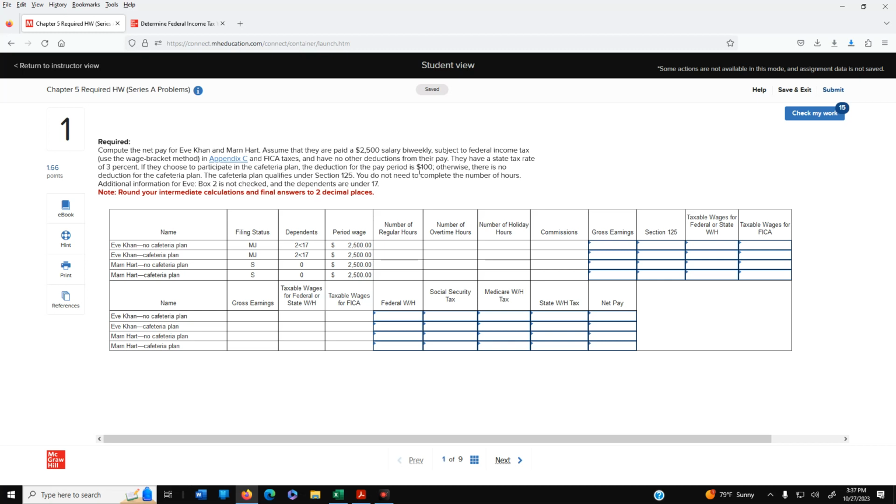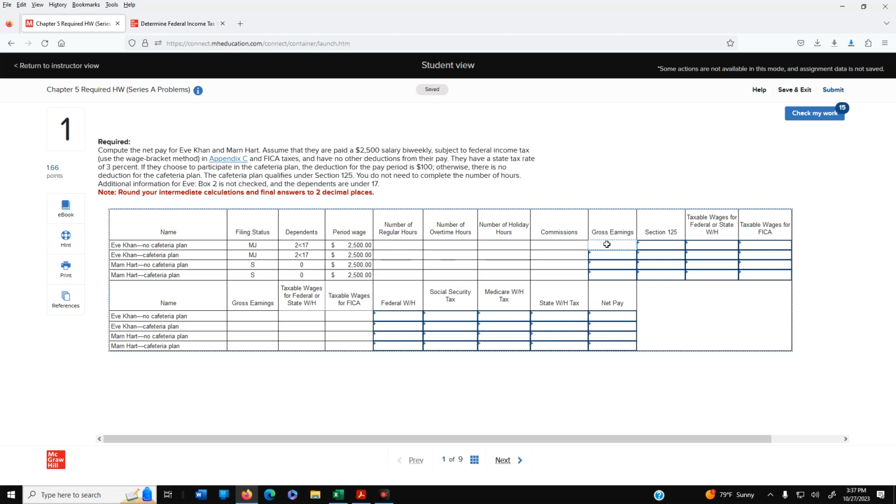Otherwise, there is no deduction for the cafeteria plan, and it qualifies under Section 125, which means it would be pre-tax. And it says box 2 is not checked. So that box is not checked, and the dependents are under 17, which is important. So what I'm going to do is right here. This one says no cafeteria plan.